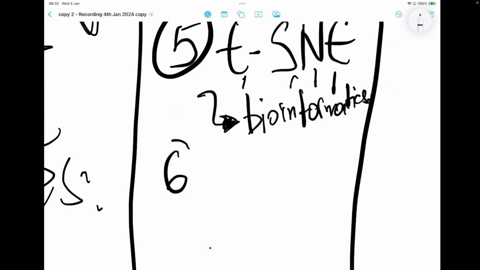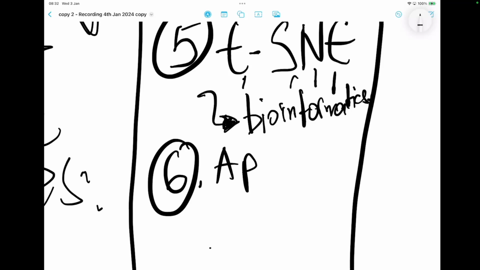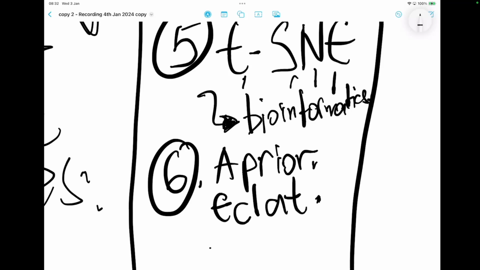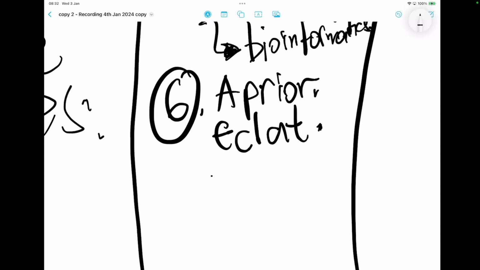The sixth algorithm in the unsupervised learning category is association rules, and one of those is called Apriori. The second one is called Eclat. Those are just different algorithms in the association rules category. What is the purpose of this algorithm? It identifies interesting associations and relationships between data sets.